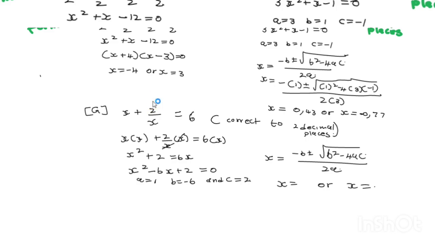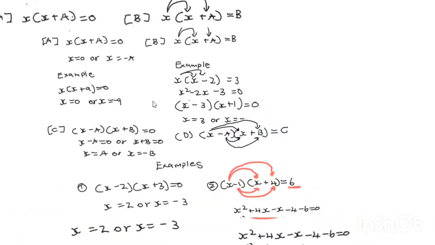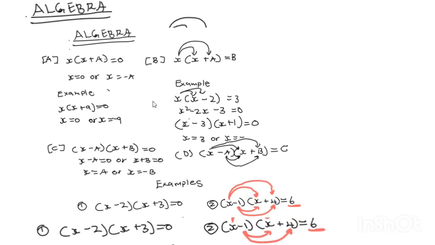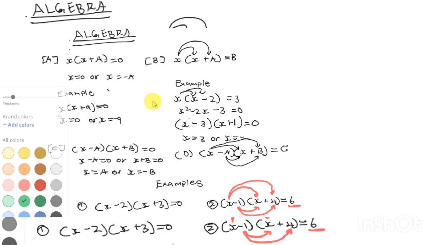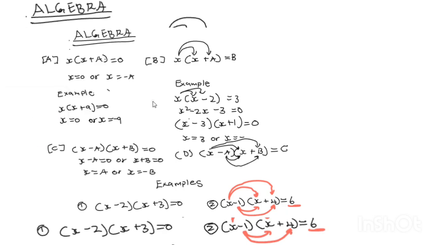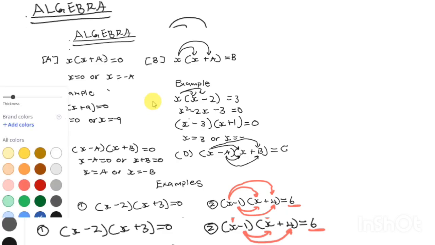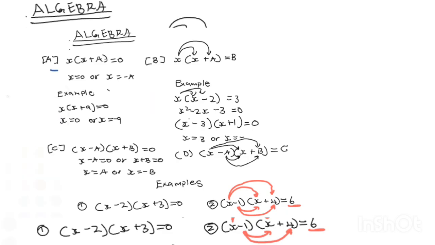So what have we learned today? We have learned that if we have this type of equation, we just equate everything to 0.